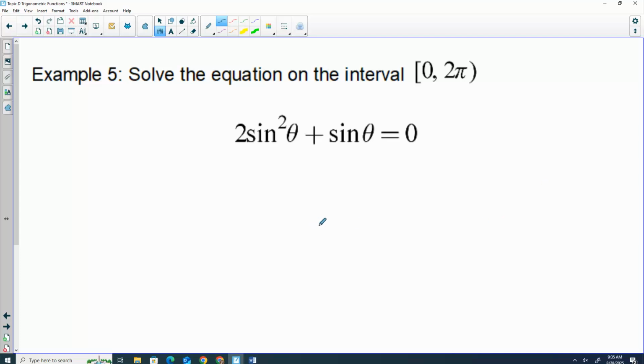I want to solve this, we have to get sine by itself. I have a sine squared and a sine. Take out a sine. All right, then what do we do?